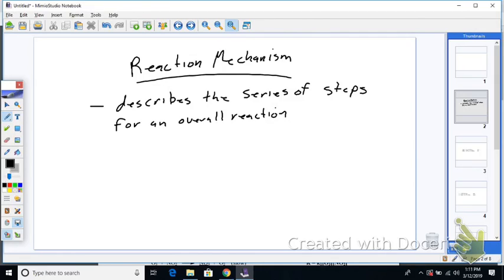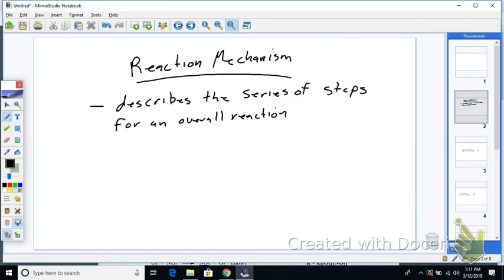That's what they're saying. A reaction involving only one molecule is called a unimolecular step. So that's basically having something decompose. So if only one molecule is in the process of this reaction taking place, that's called a unimolecular step.